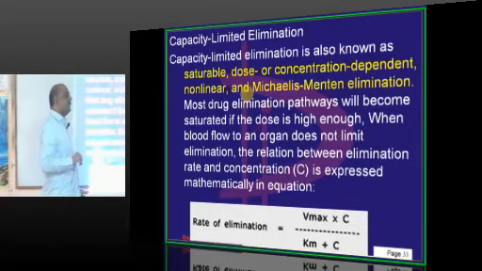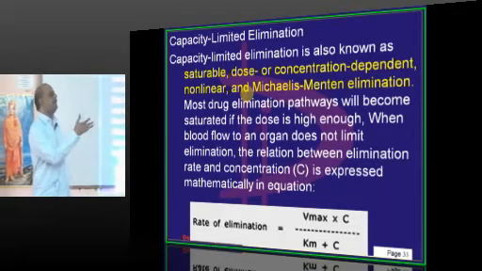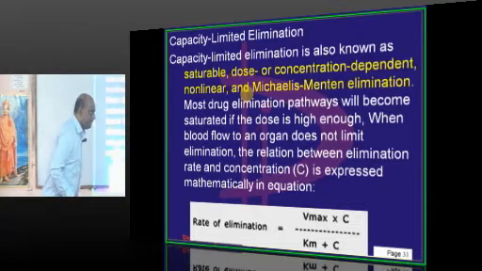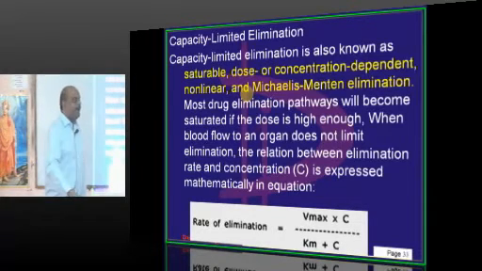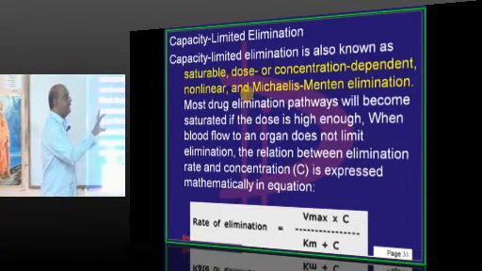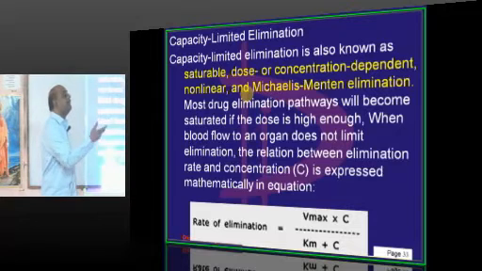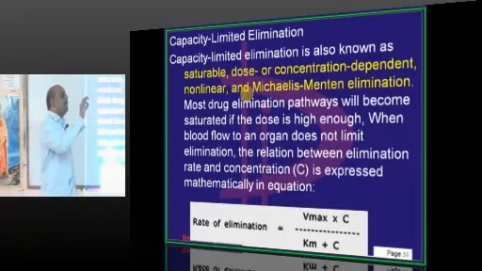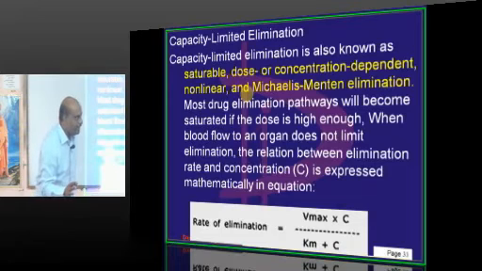The other type is what? No enzymes will modify a particular drug. They don't biotransform the drug. Then the drug automatically gets eliminated without any pharmacological modification. Then is it saturable kinetics? Will it work? No. When will saturable concentration dependent kinetics work?